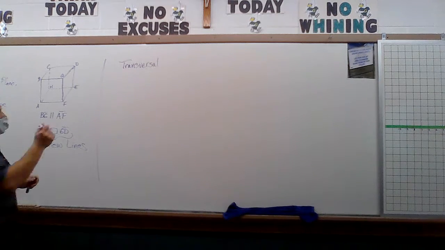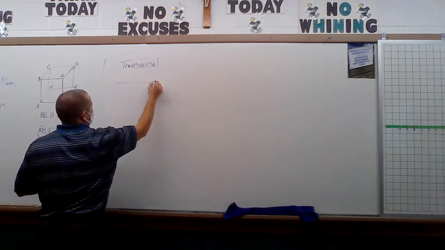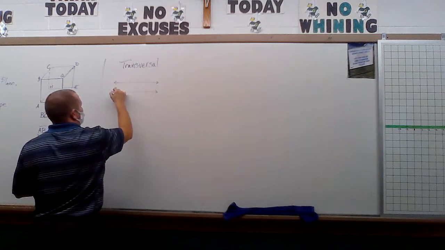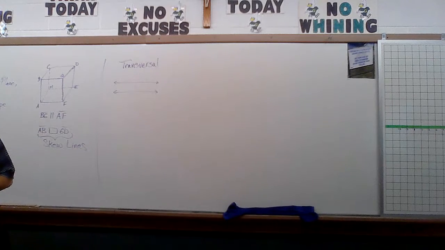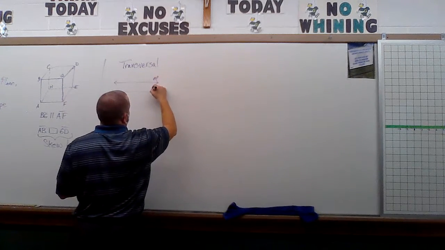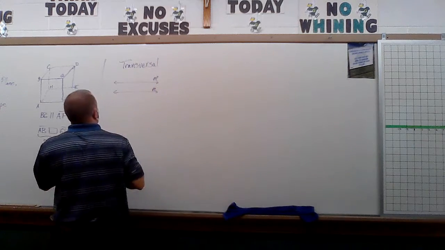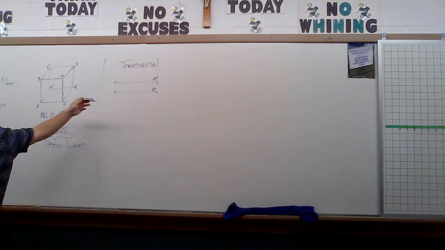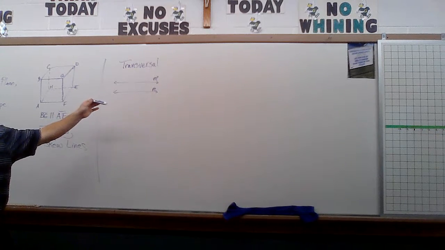So go ahead and draw a set of parallel lines. And again, for whatever reason, whenever I draw parallel lines, mine always go left and right, but you can draw however you want. Let's call them M and N again. And again, how do I know for certain that they are parallel? Right now, they're not necessarily parallel.